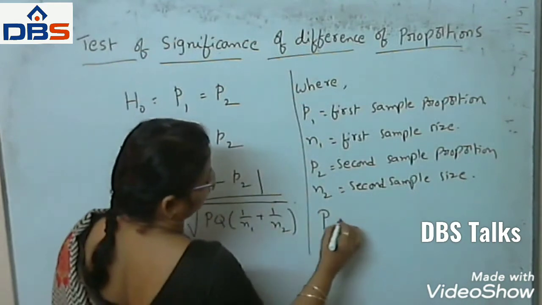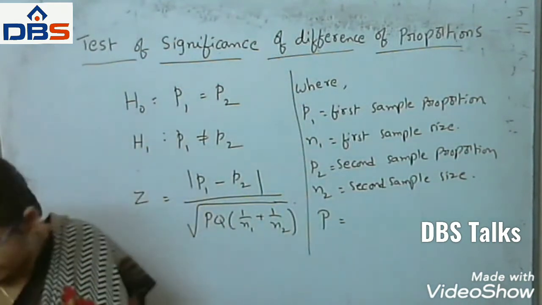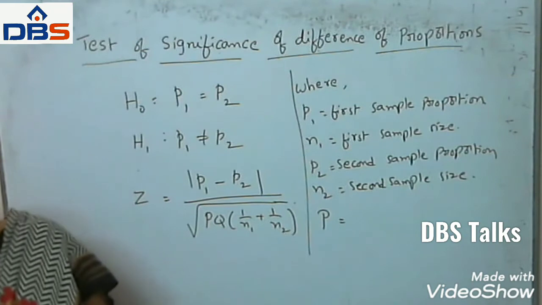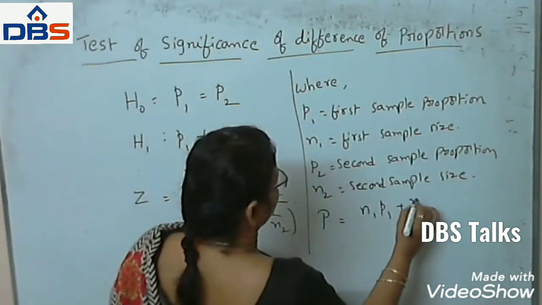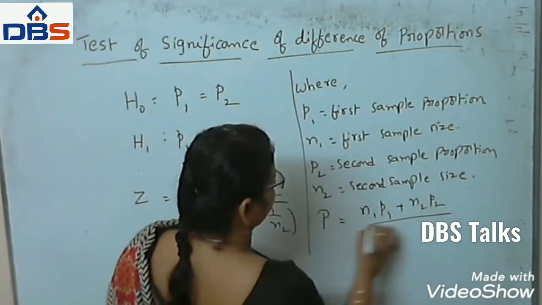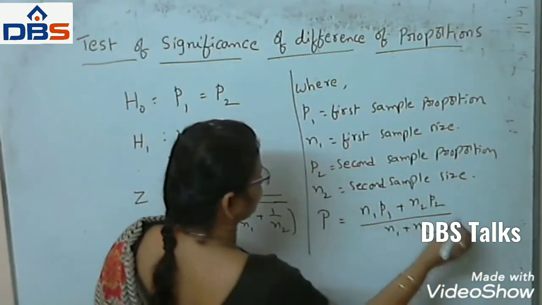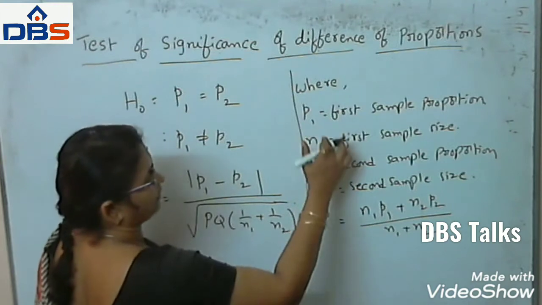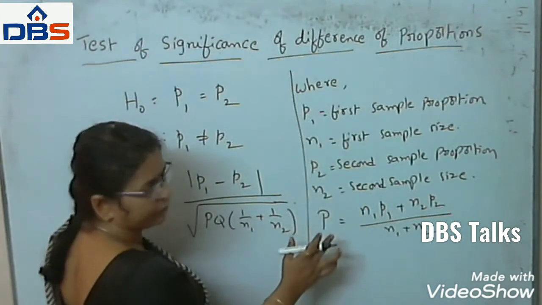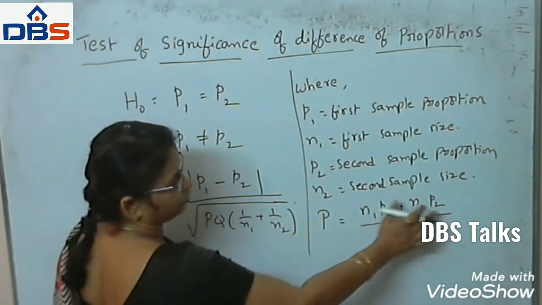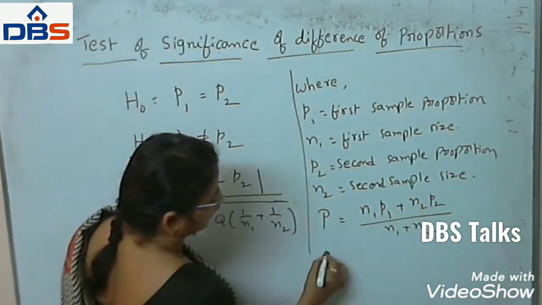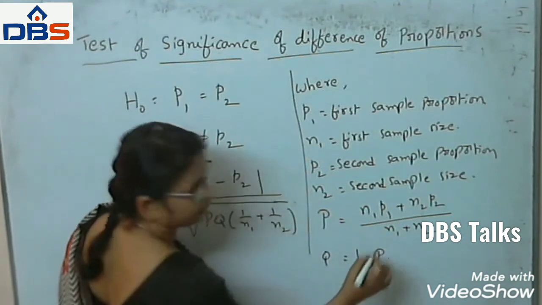And P you have to calculate: P equals N1 P1 plus N2 P2 by N1 plus N2, and Q equals 1 minus P.